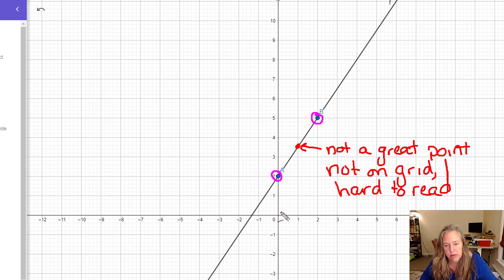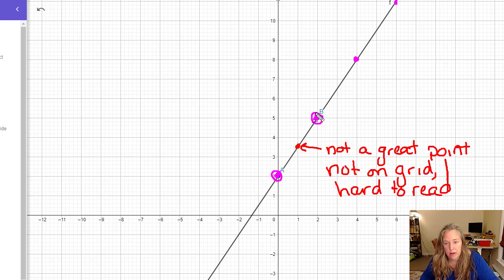So you kind of want to start and scan up until you find, oh, that point is right on the grid. It's right on the 5 and on the 2. I can read that easily. We've got another point up here that's right on the grid. That one would work. We have another point way up here. These points are all right on the grid. Any of these points would work. So you pick 2 good points.